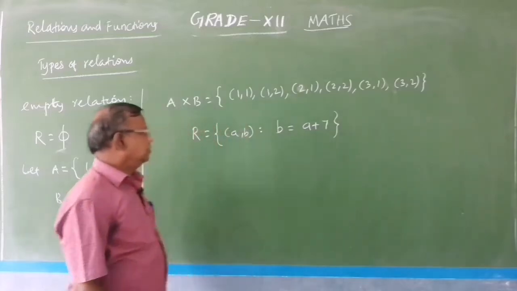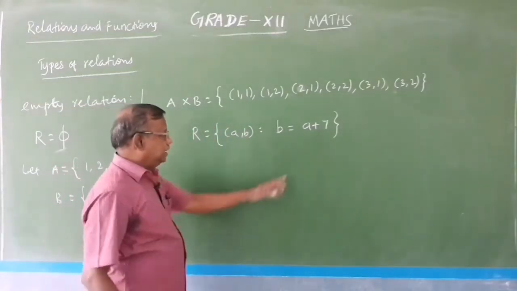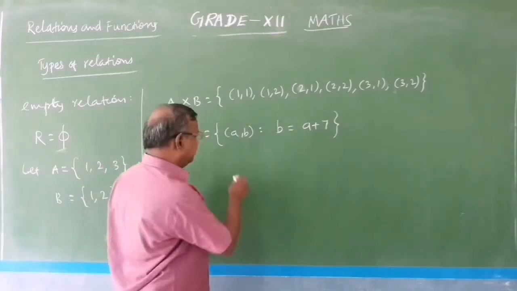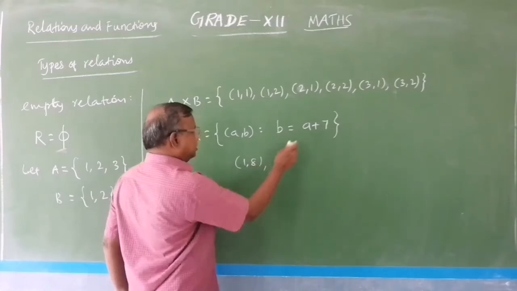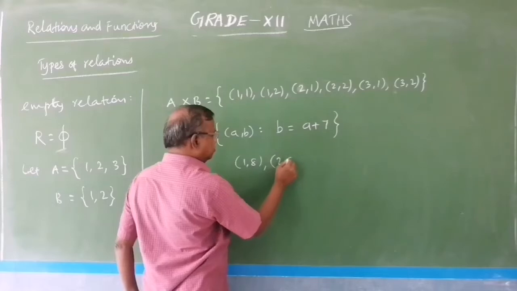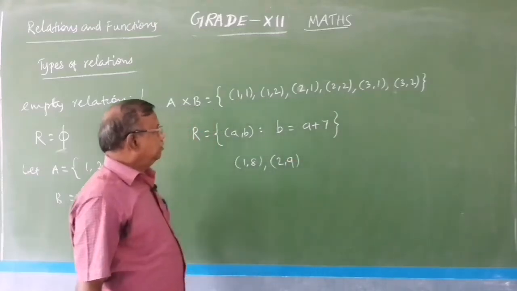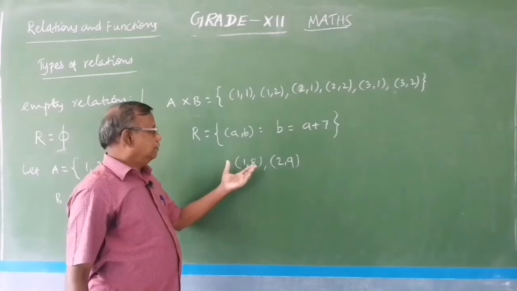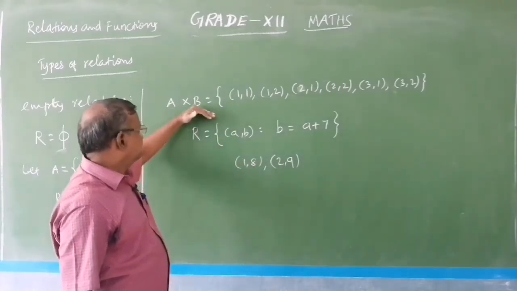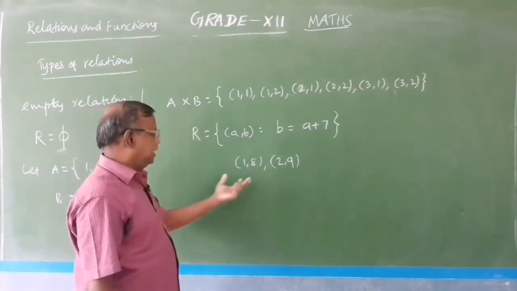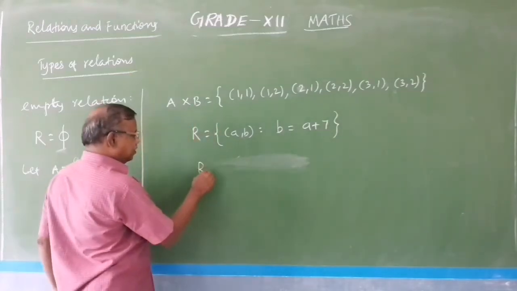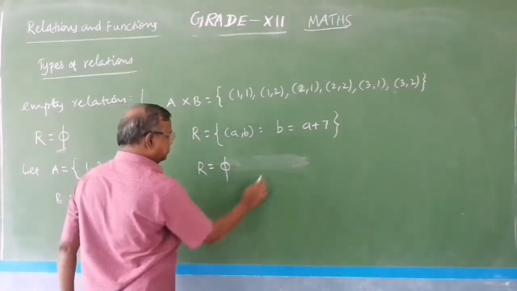If a equal to 1, b must be 8, so (1, 8); if a equal to 2, b equal to 9, so (2, 9). These elements are not elements of A cross B. In the Cartesian product we don't have any element which satisfies the condition. Therefore the relation R is nothing but the empty relation.